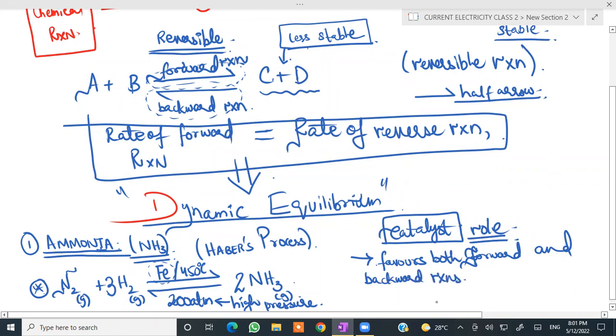So if the catalyst favors both the reactions, if it speeds up both the reactions, then that means it helps this chemical reaction to achieve its dynamic state or dynamic equilibrium more quickly. All right. So it helps the reaction to achieve dynamic equilibrium more quickly.